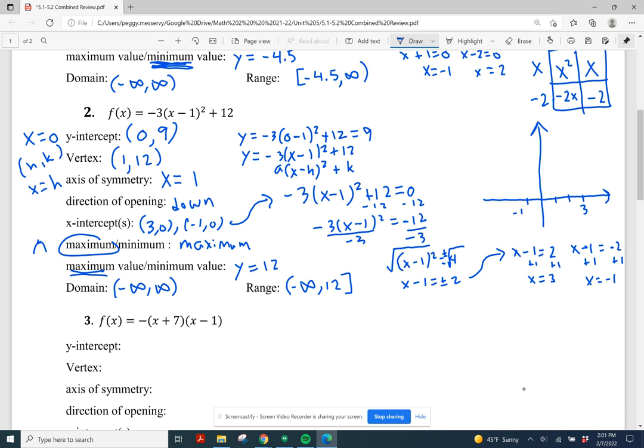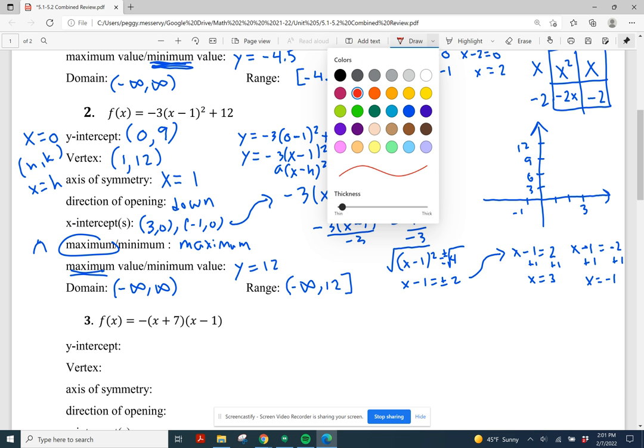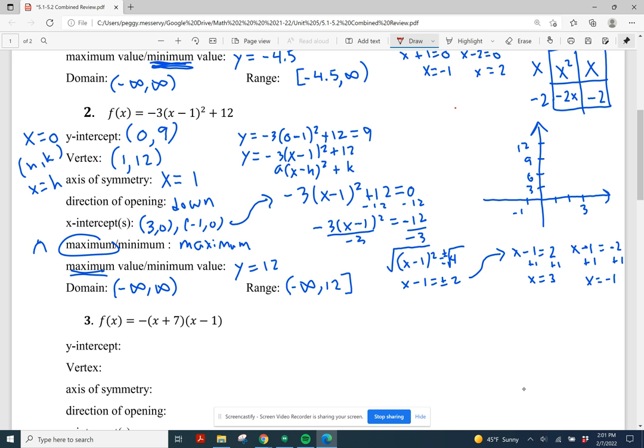And I think I'll count by threes. 3, 6, 9, 12. All right. My vertex is going to be at 1, 12, so I need to go that high. And I'm going to change colors and draw in a lovely red. Okay, so my vertex is at 1, 12, so over to x equals 1, up to y equals 12.